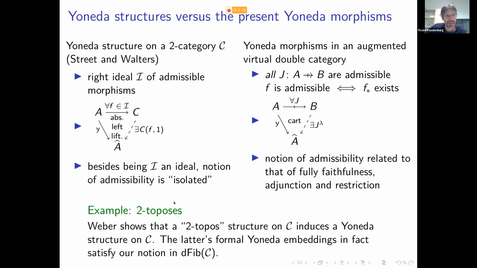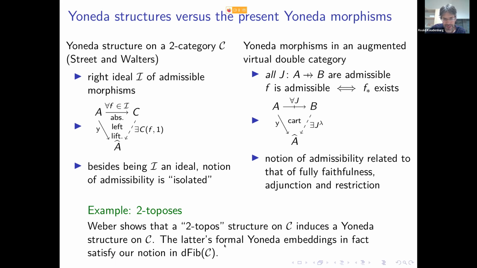Lastly, these Yoneda structures also give us a family of examples of formal Yoneda embeddings in our sense. Mark Weber has shown that if you have a two-tuple structure on a two-category, then that induces a Yoneda structure on that two-category.